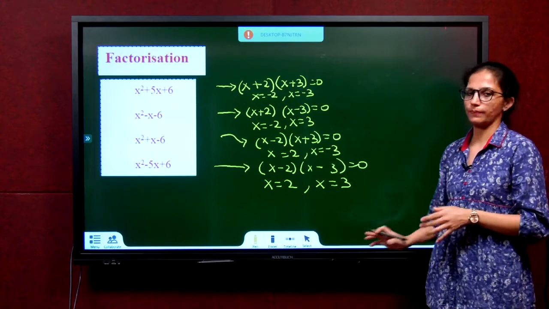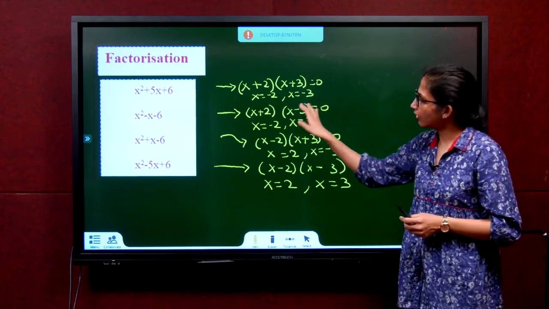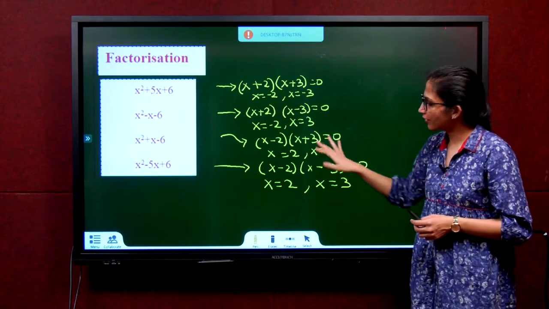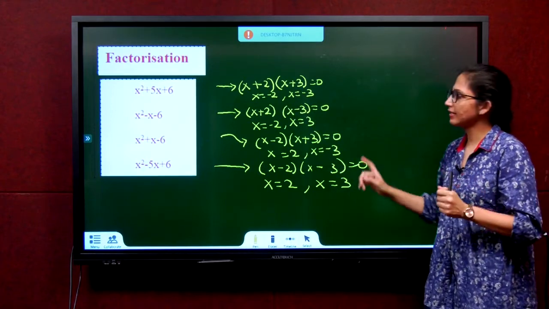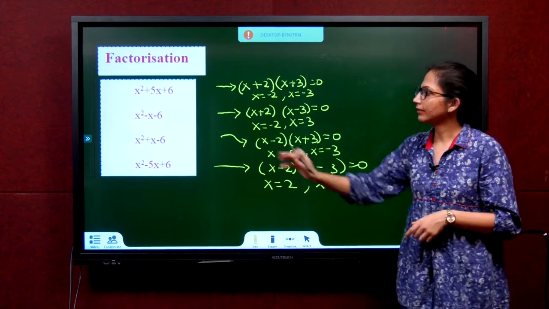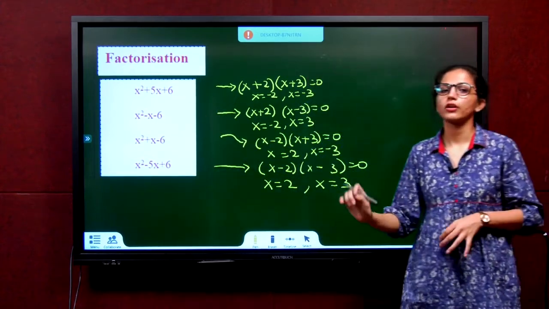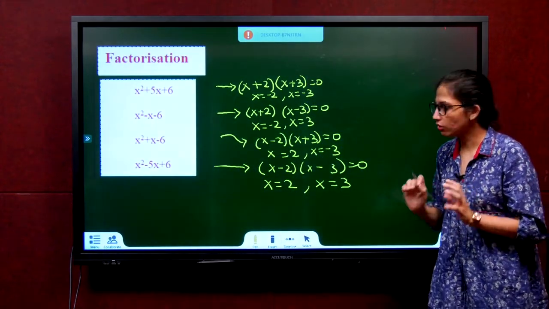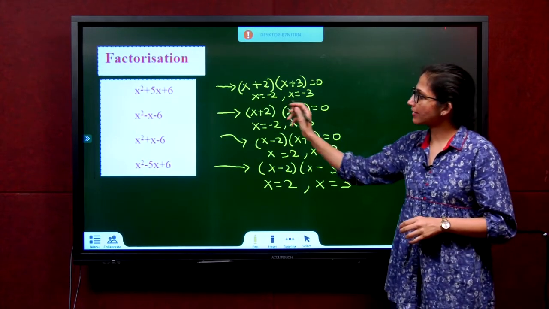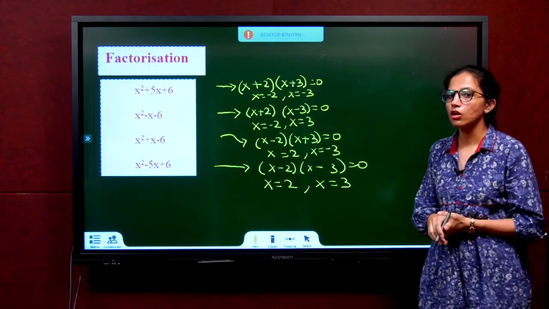This was the conclusion. Please observe, all the roots have 2 and 3 in them. Just because their signs are different, the equation totally changed. So signs matter a lot.